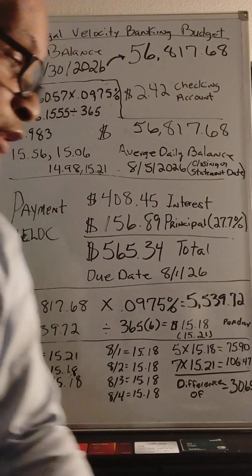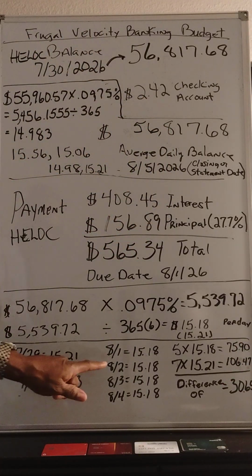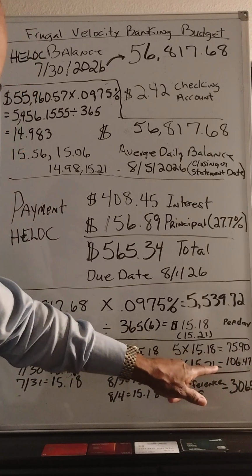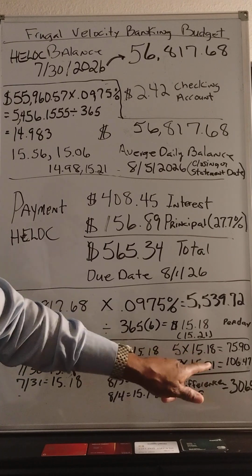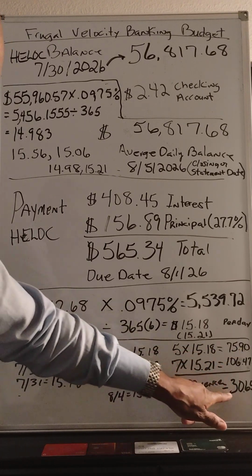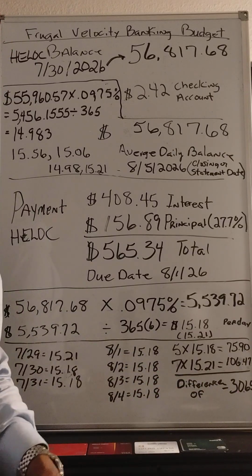So the difference between when I started off at the 29th to the 30th: what I thought was going to be $106 for 7 days is now going to be $75.90 for 5 days, a difference of $30.65.